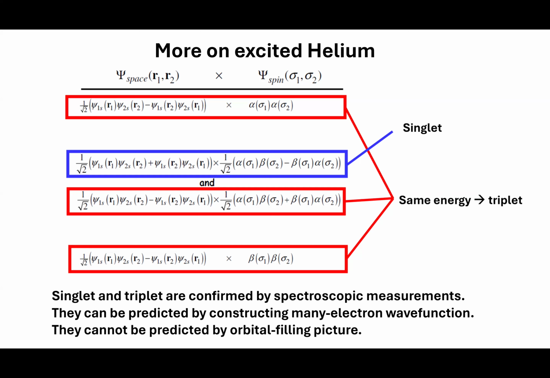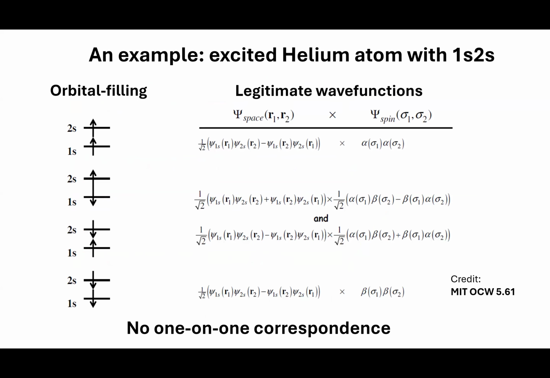And again, we'll never be able to tell triplet and singlet if we think about orbital filling. From orbital filling, we probably conclude there seem to be two kinds of states: one with the same spin, the other with different spin.